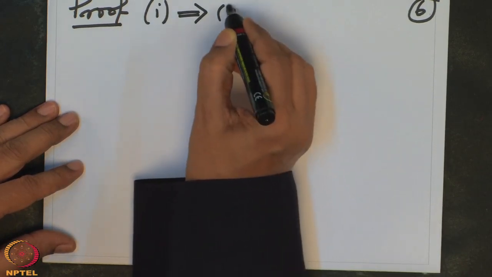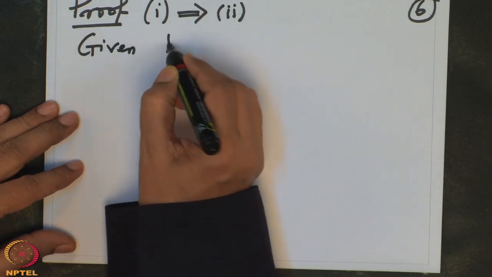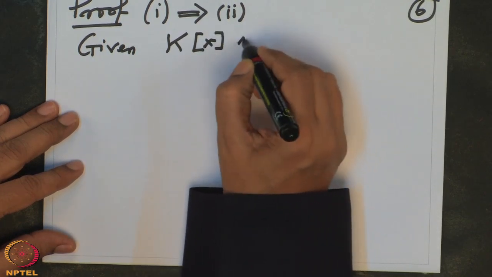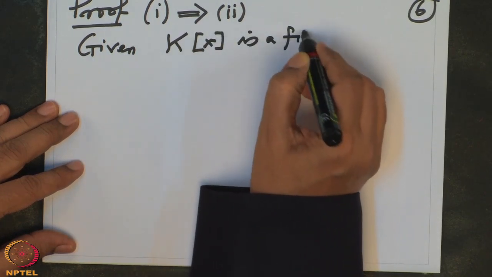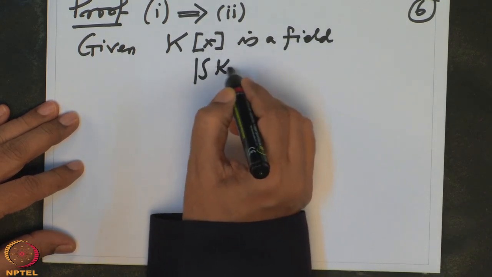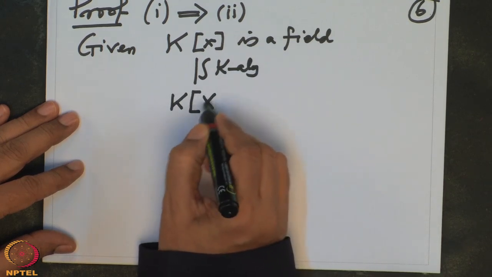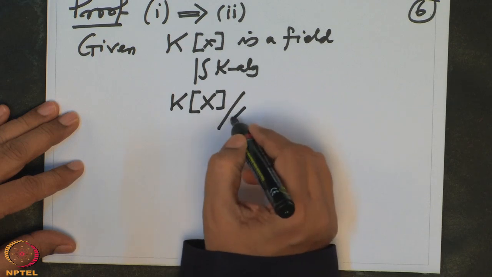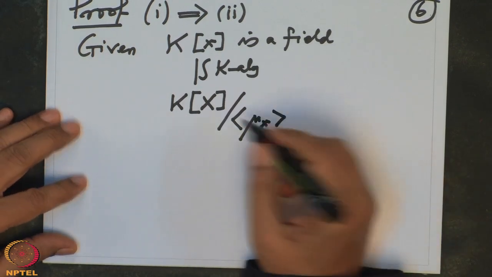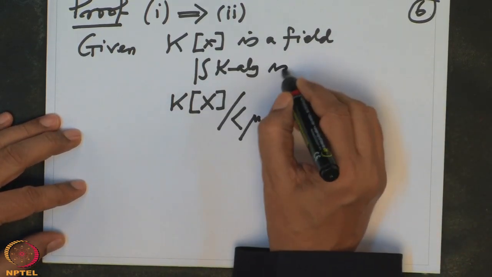So, I have given that the subalgebra K[x] is a field. Remember, this is isomorphic as a K algebra to K[X] modulo the ideal generated by the minimal monic polynomial of x. This we know, this is by definition. This is a K algebra isomorphism.